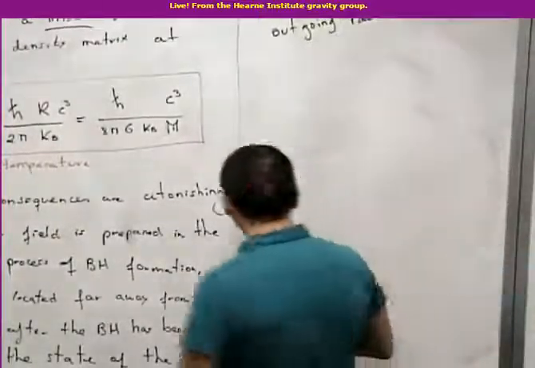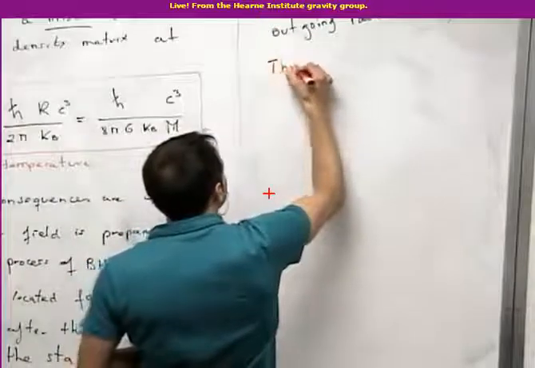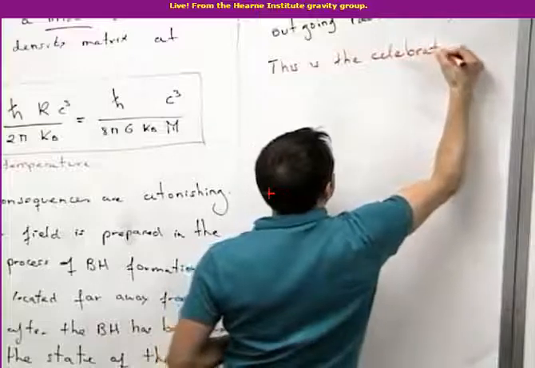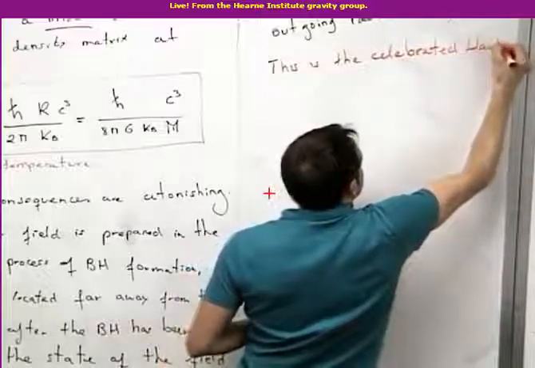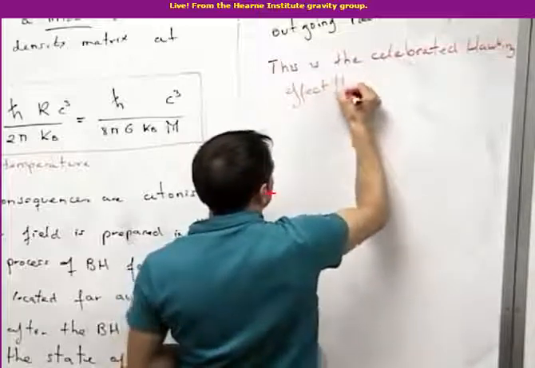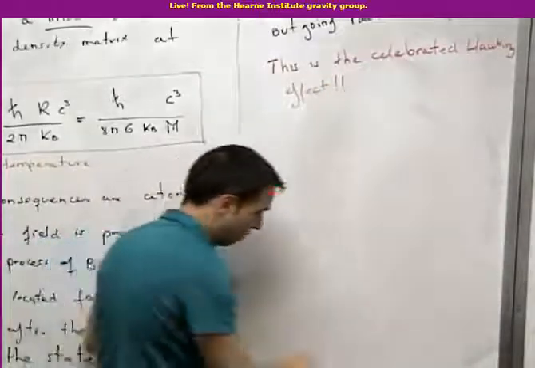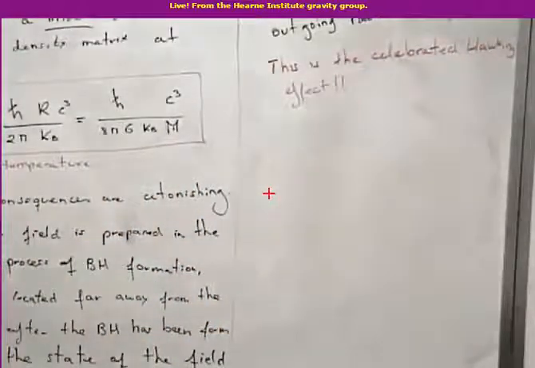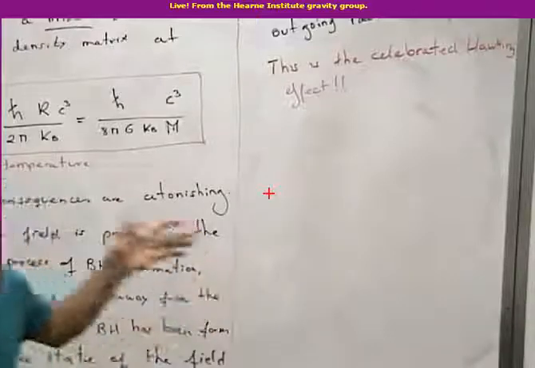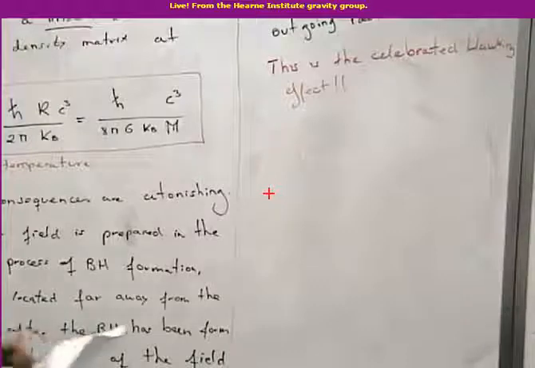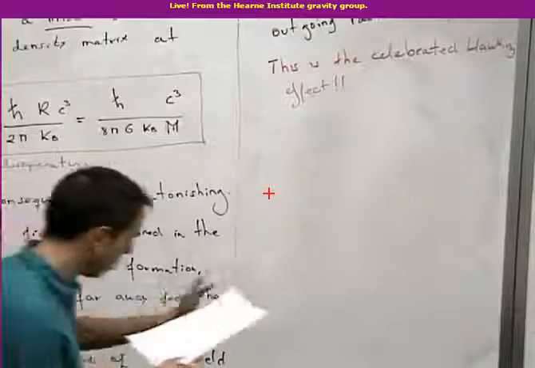And this is the celebrated Hawking effect, which is a remarkable result in many senses in theoretical physics and in gravity. And people are still trying to understand what is going on 40 years after Hawking. The amount of physics that this equation is encoding is huge.